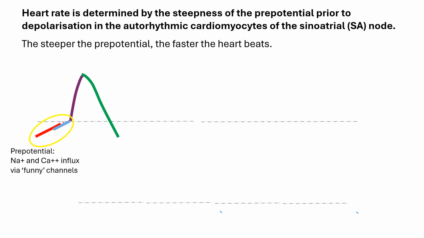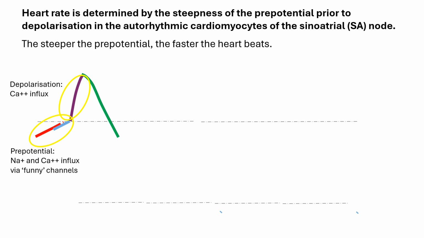So then that brings us up to threshold. At threshold, those channels are closing, but new channels are opening. These are also calcium channels, but they stay open longer. They're long-lasting calcium channels.